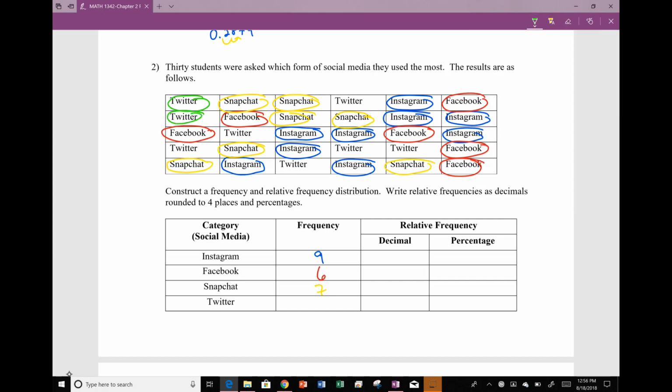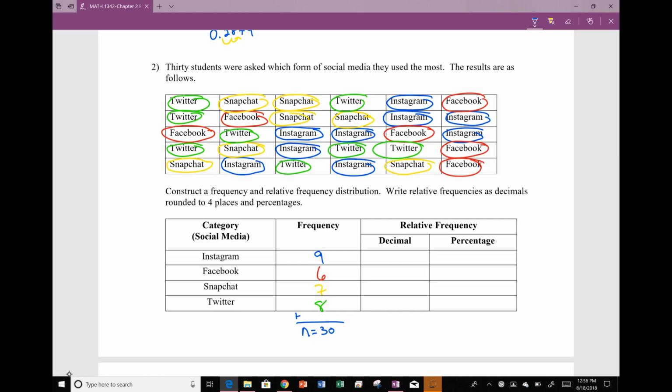There's 1, 2, 3, 4, 5, 6, 7, 8 students use Twitter. If we did this correctly, and we add up our frequencies, 9 plus 6 plus 7 plus 8 gives us a total of 30.